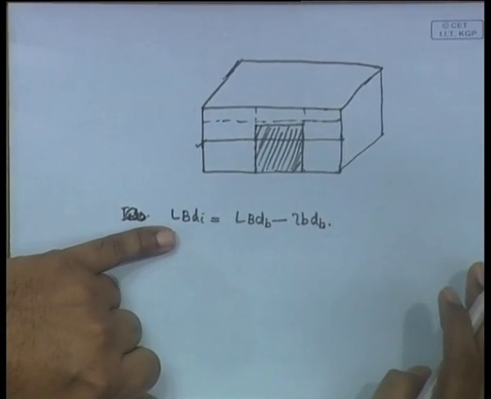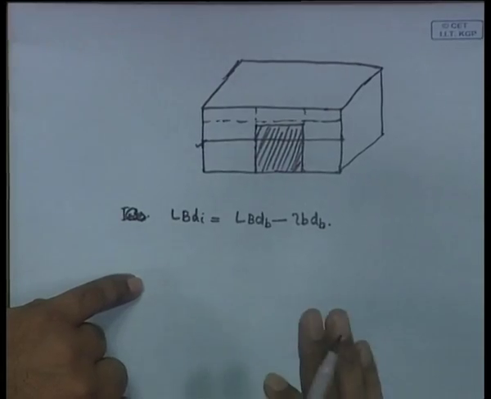I have said this in many ways. The easiest way to think of it is that the final weight of the ship after the water has gone in is equal to the weight initial plus the weight of water. That is the easiest way to look at this formula. So, that I have already described.